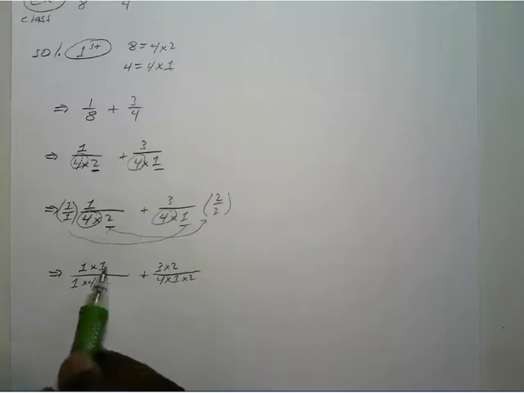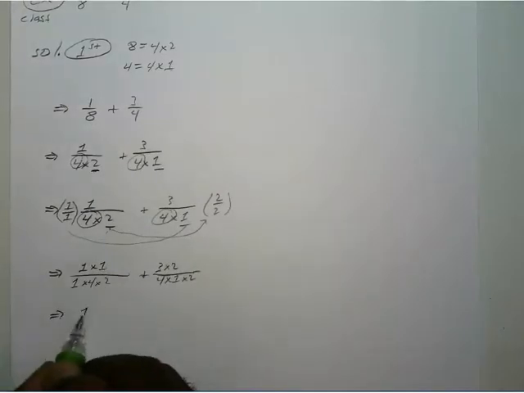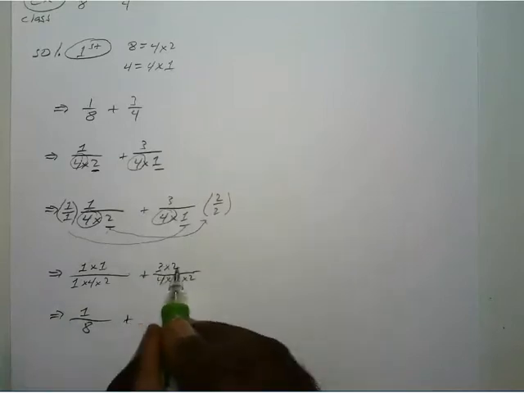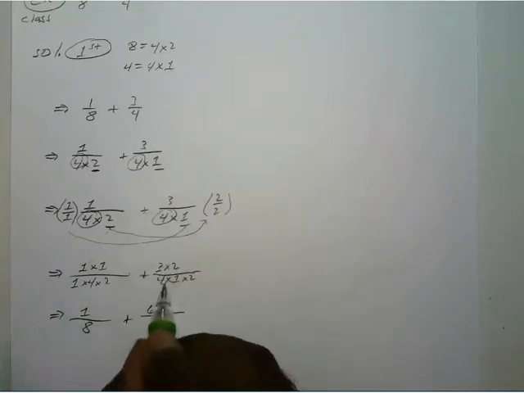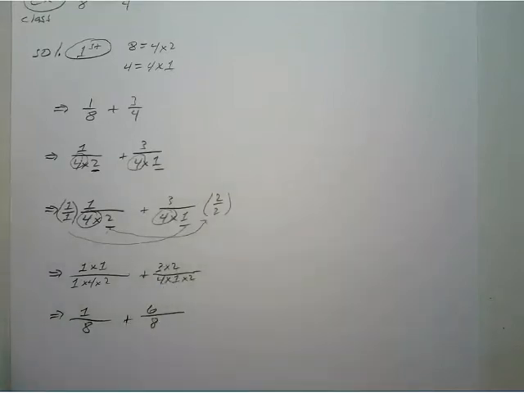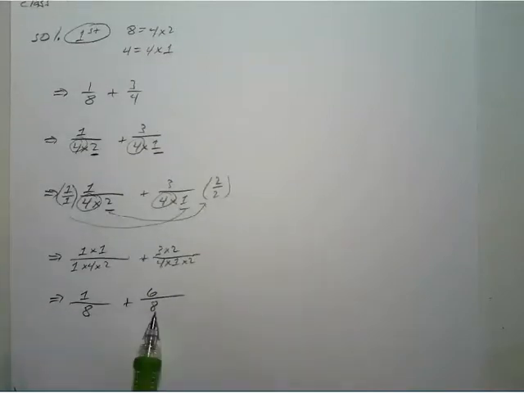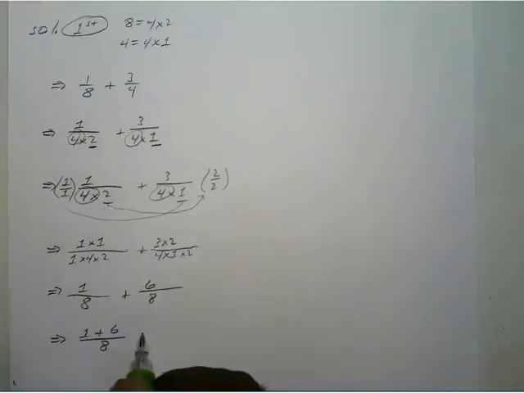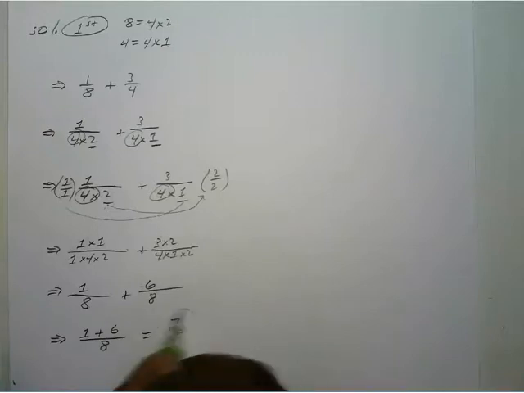All right, so 1 times 1 is just 1 over 4 times 2, which is 8, plus 3 times 2 is 6, over 4 times 1 times 2, which is 8. So now that we have the same denominators, we go ahead and add our numerators. So 1 plus 6 over 8, which is just 7 over 8.